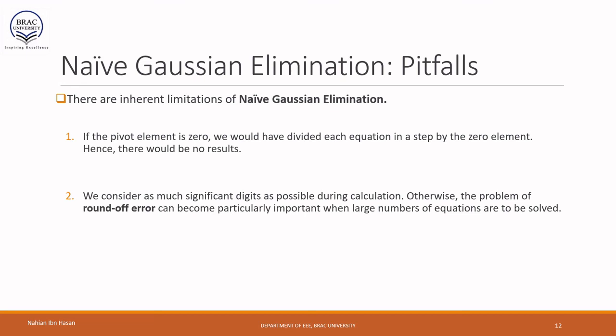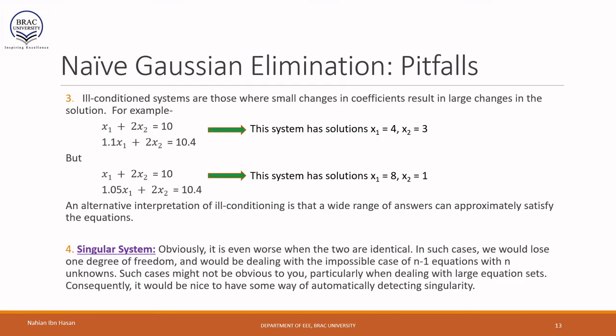So we need to be assured that we are using a substantial number of significant digits whenever we are calculating with the naive Gaussian elimination approach.